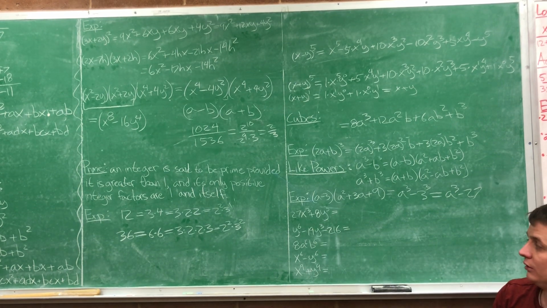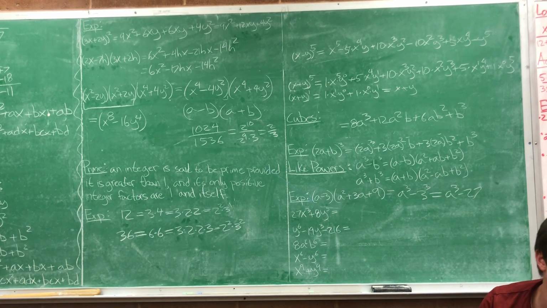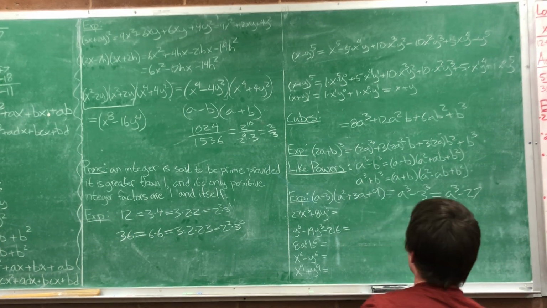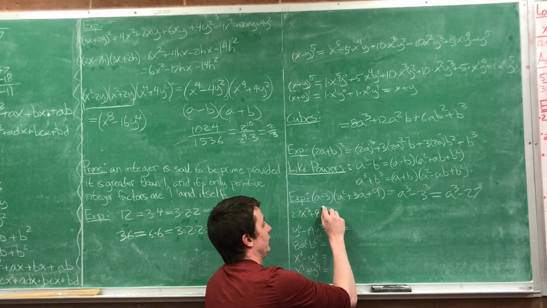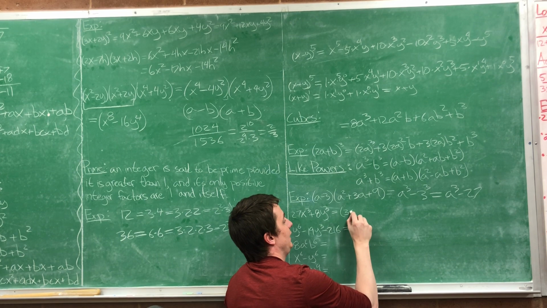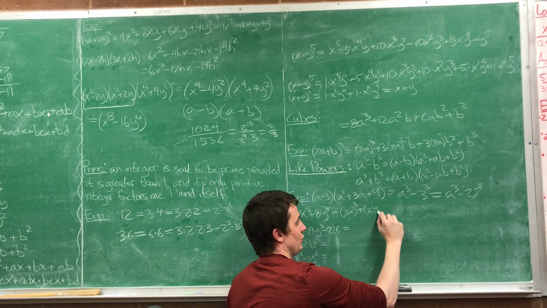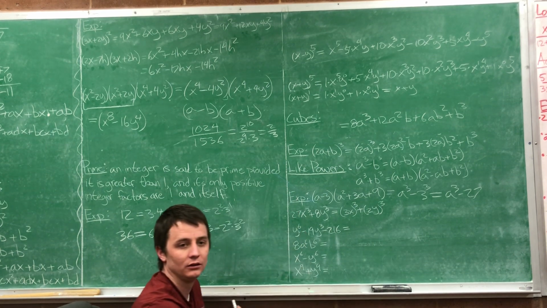How can we factor this one? 27x cubed plus 8y cubed. Can we even factor that? Is that 2 cubes? So this can be rewritten as 3x cubed plus 2y cubed, right?